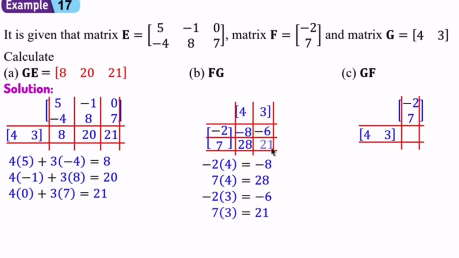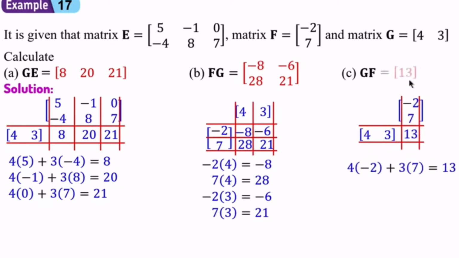Because the product of the matrix is 2 by 2, the answer for F multiplied by G is negative 8, negative 6, 28, 21. Okay, how about GF? We will have 4 times negative 2 plus 3 times 7. So the order is 1 by 1. It's actually just one element in the matrix.